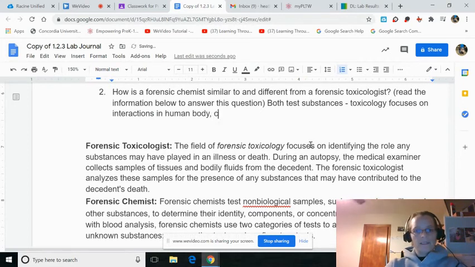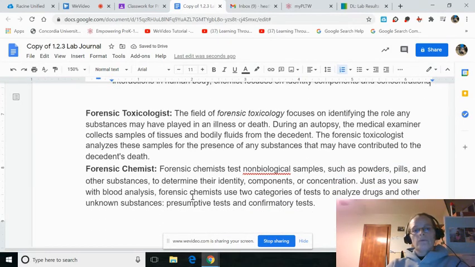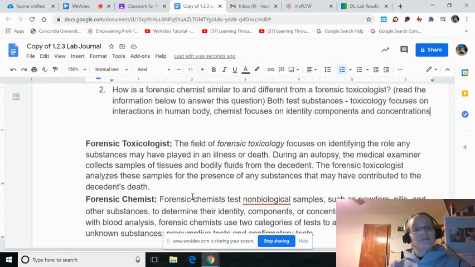Chemist focuses on identity, components and concentrations. So, forensic toxicologist is more of human body. Forensic chemist is more of just analyze it and tell you what it's made of, pretty much.